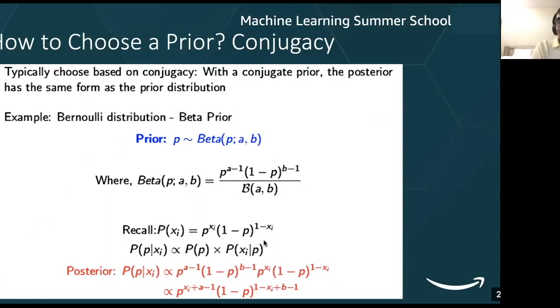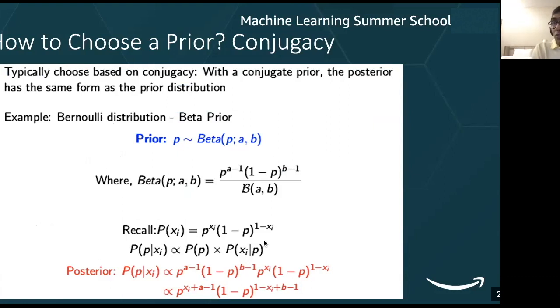So typically, the prior is chosen such that it satisfies what is known as the conjugacy property. So by choosing a conjugate prior, we ensure the posterior distribution. Remember, we had discussed the posterior distribution earlier, which is the likelihood times the prior.